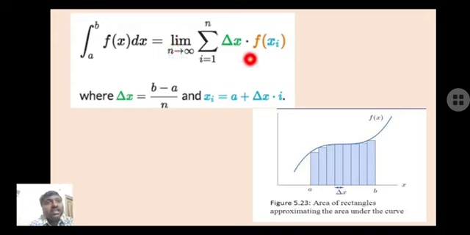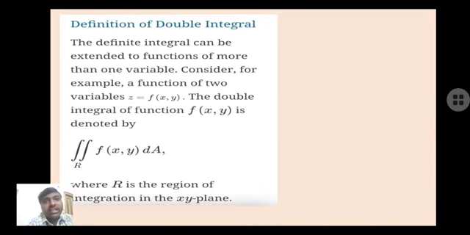But it is not possible in each and every case, so that's why we use different techniques to calculate the definite integral at the intermediate level. Double integration is an extension of the definite integral.